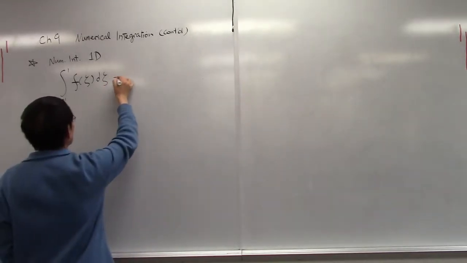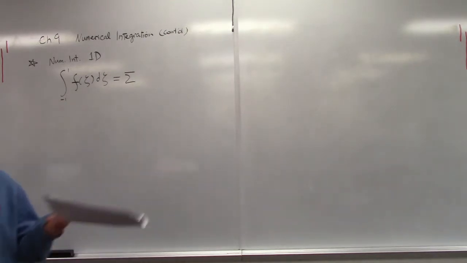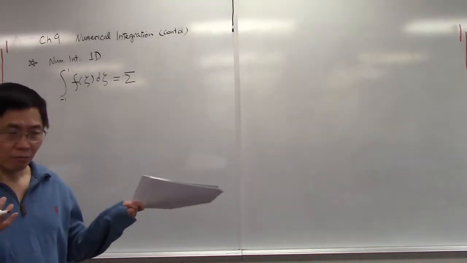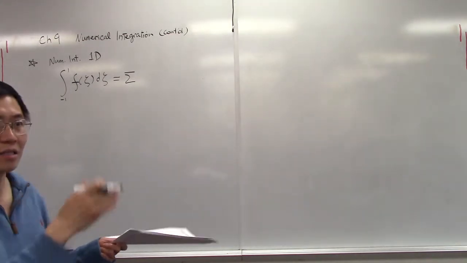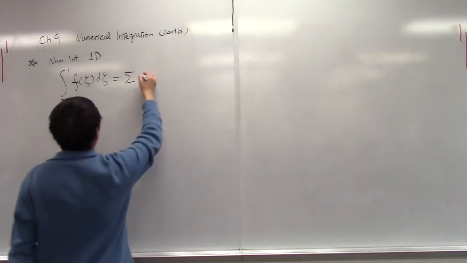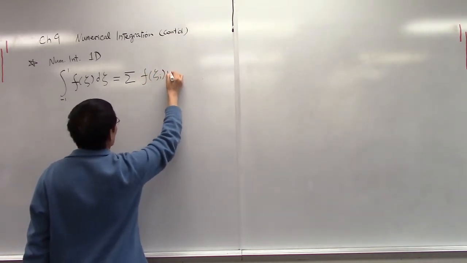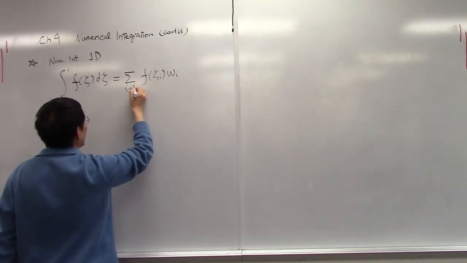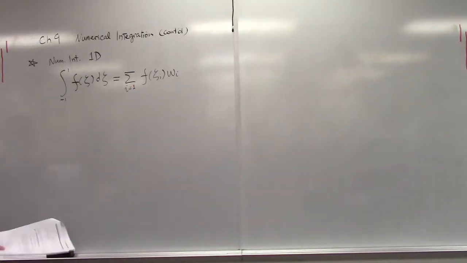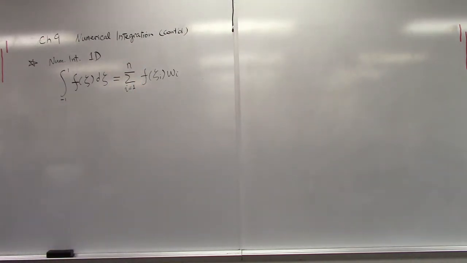Any integration can be written as a sum of some weight times the corresponding function, the integrand value at certain selected point. So let's say this is f at theta I, and then weight I. You add them together depending on how many integration points you use, just add to the total number of integration points.